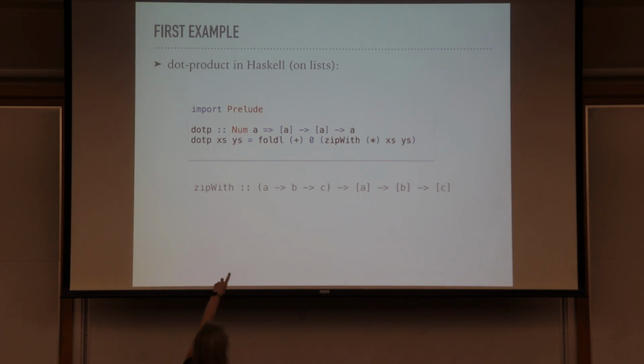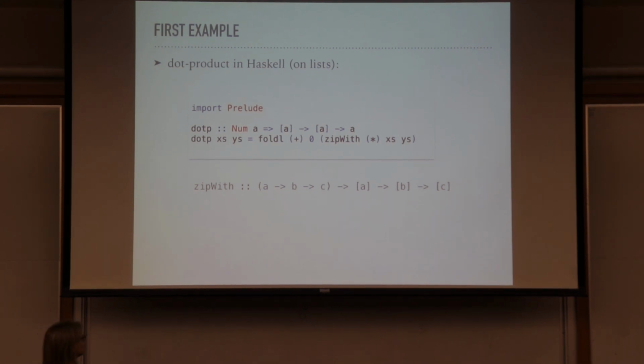So zipWith has the type: it gets a function which takes arguments A, B, C, can be any A, any B, or C. As long as the first list it gets has all elements of type A, second elements of type B, then it applies this function in lockstep fashion to every pair in the zipped list, and it returns a list of the results.